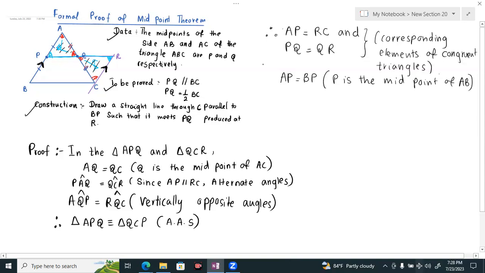Now you can see that two quantities are equal to the same quantity. In such cases, by using axiom 1, we can say RC equals BP, or BP equals RC. What kind of situation is this? If I take RC as y, then y equals 1.